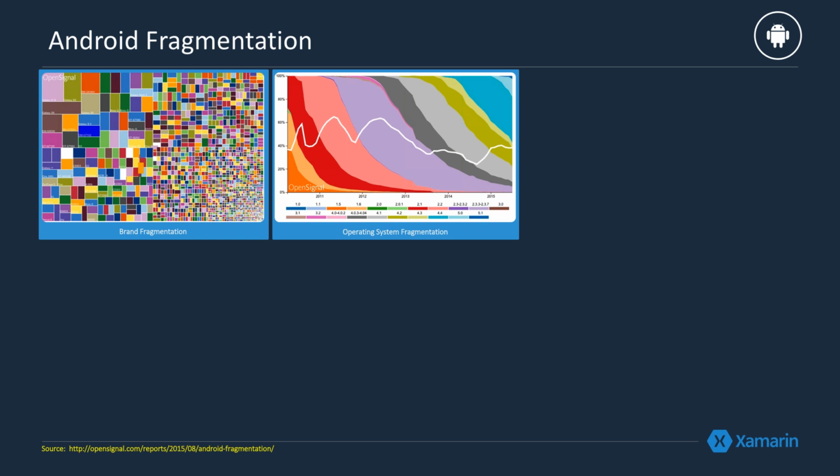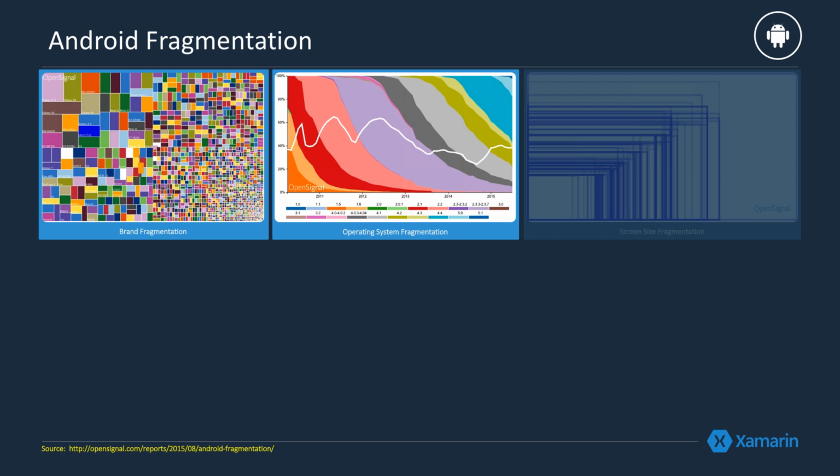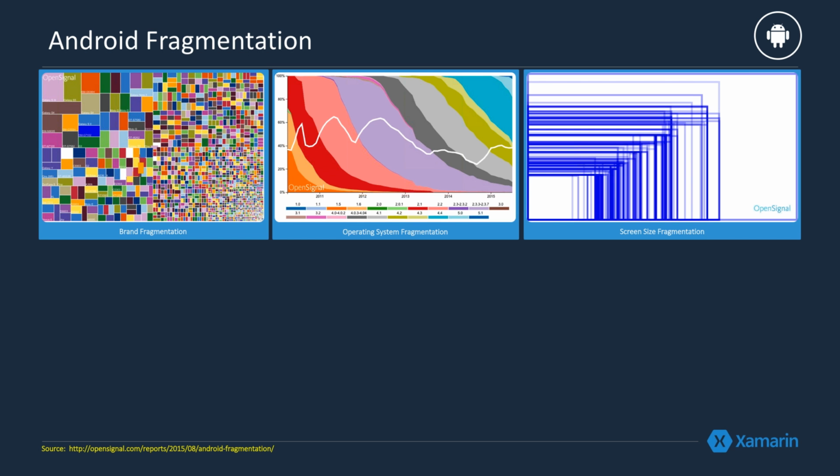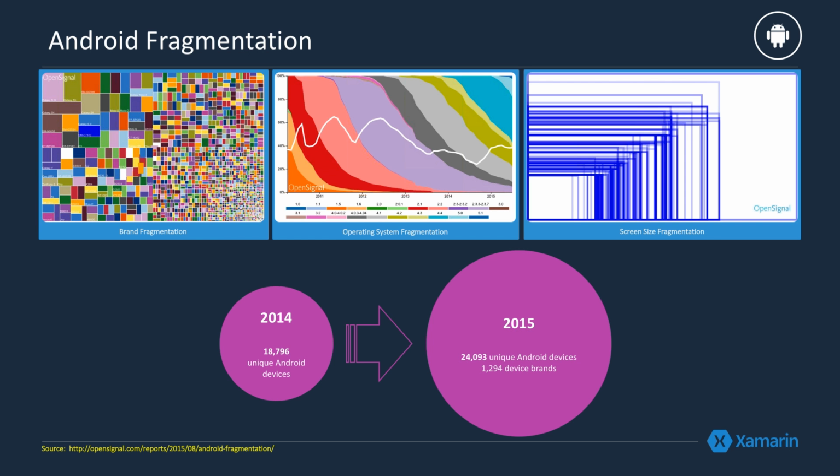But if you look at the current state of operating system adoption, there's less than 20% utilizing Android 5.0, and the rest on a variety of Android 4.0 releases between 4.1 and 4.4. And you've got screen size fragmentation, ranging from smartphones, large smartphones, and different tablet sizes. So now we have over 24,000 unique Android devices in the market and 1,300 device brands.